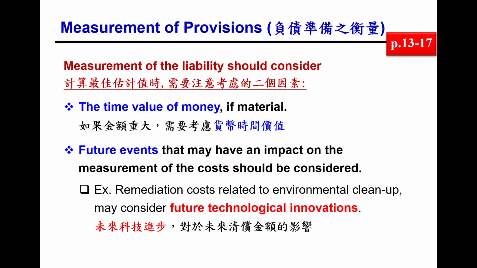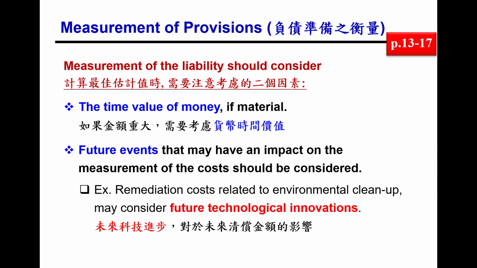Here I just told you, when we think about best estimate, it's better to think about time value of money. Of course, when you think about future money, don't forget to think about time value of money. But in accounting, if the amount is not that big, not material, we will skip it. But in finance, usually you will always think about time value of money. In accounting, we will save our time.